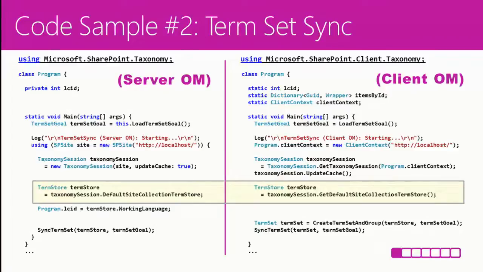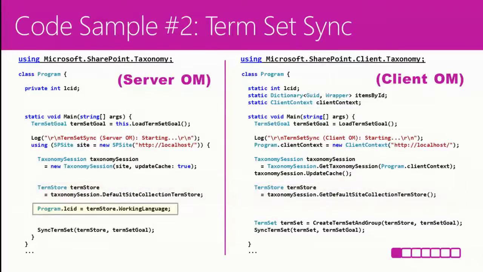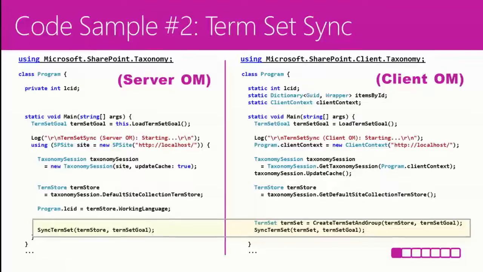And then the default site collection term store is a property in the server OM, but it's a method in the client OM. The last thing I'll point out is that the sync term set in the server OM was just one method, whereas in the client OM, I had to split it apart into 2 just to get the code to fit on the PowerPoint slides. But that's also a sign that we're doing more bookkeeping in the client OM.